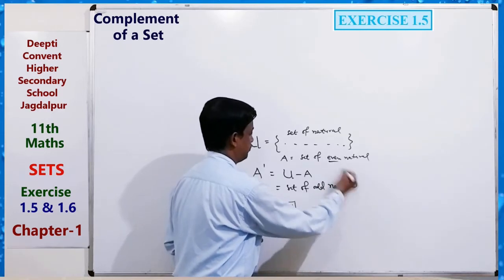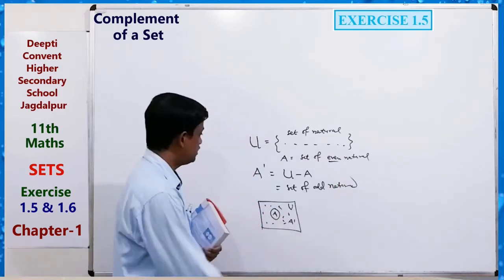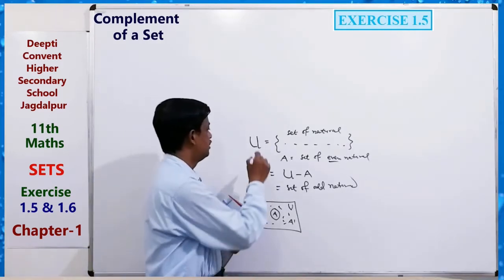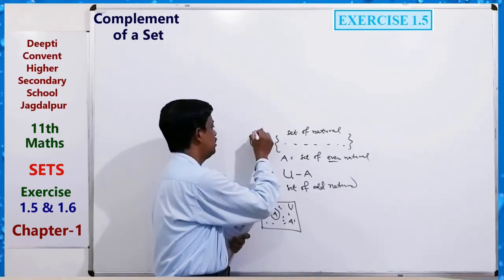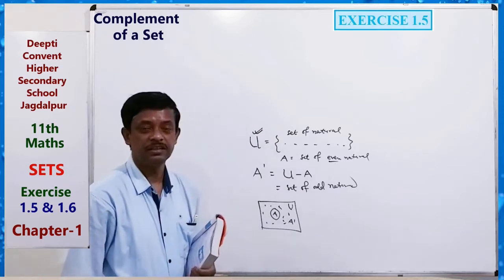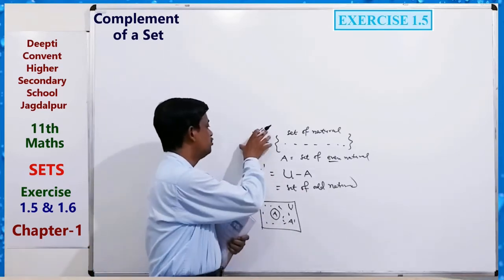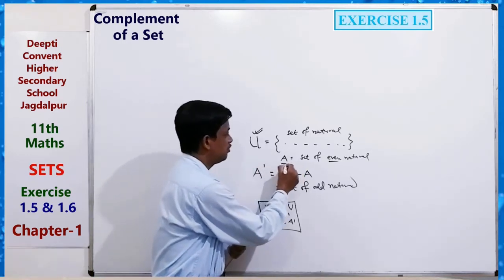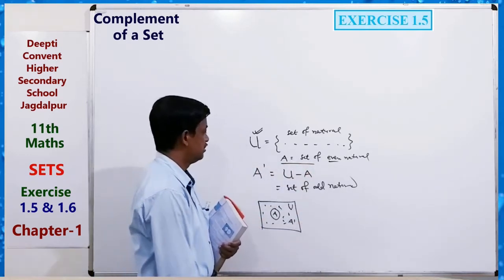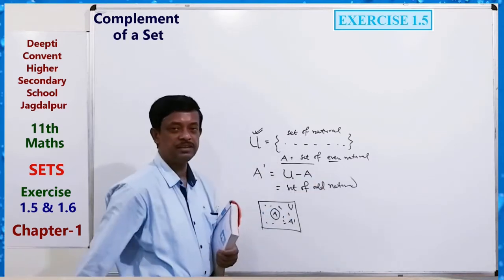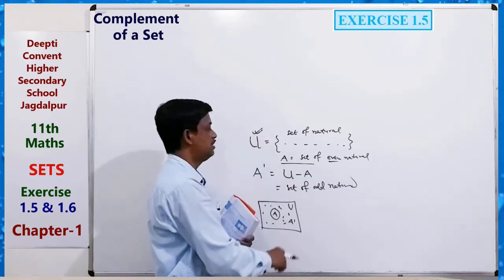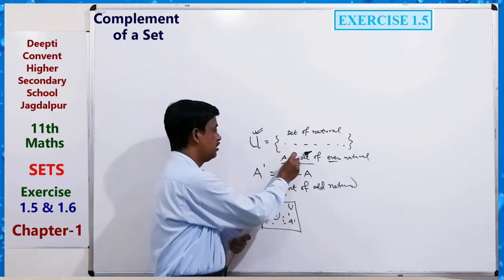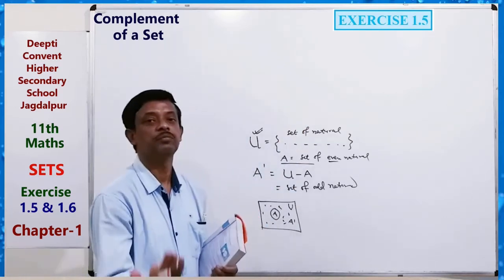Okay, that means for finding the complement of a set, first of all we see the universal set, and then for a particular set, the complement is given by U minus A, meaning except the points of A, all the points of U are the complement.